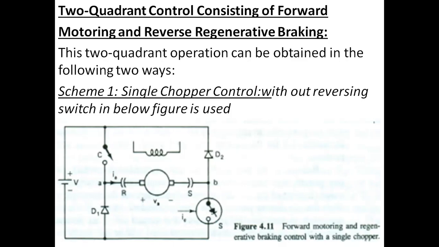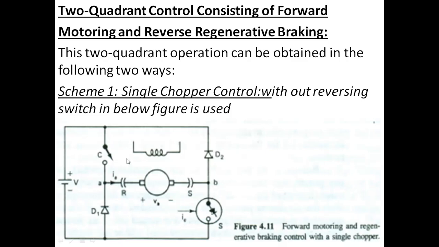When running in the reverse direction, terminal B is positive and A is negative. So B is positive and A is negative in the reverse direction. Now if C is opened: before, I said that C is closed and S is on and off, and this is the reverse condition, where B is positive and A is negative.